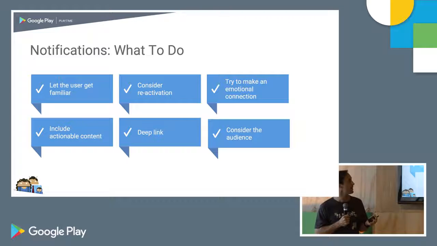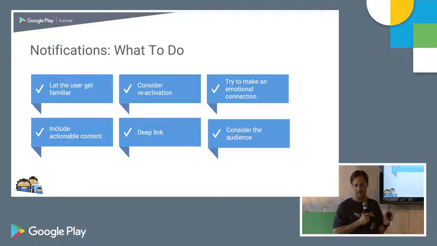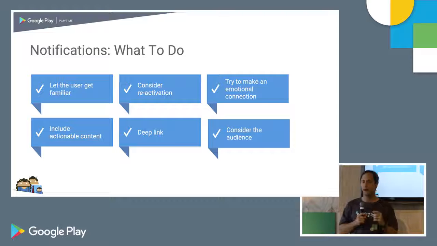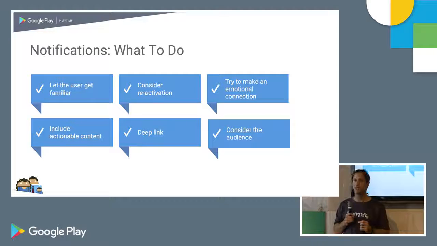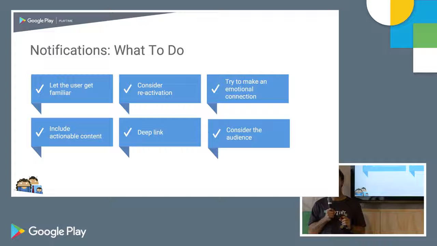So what are the things to do with notifications? Well, 1, get users familiar. 2, consider reactivation. 3, try to make an emotional connection. 4, include actionable content. 5, deep link. And 6, really consider your audience.